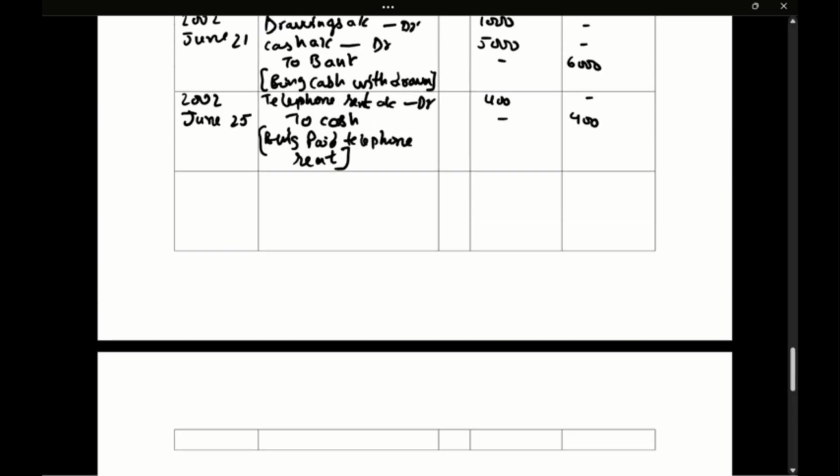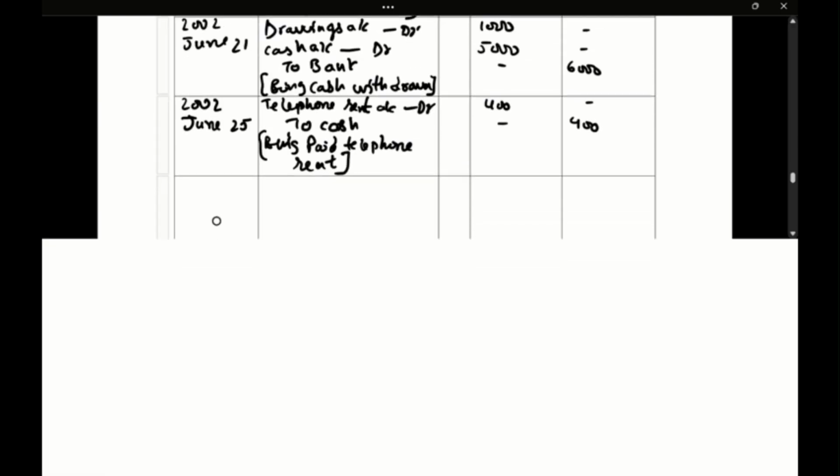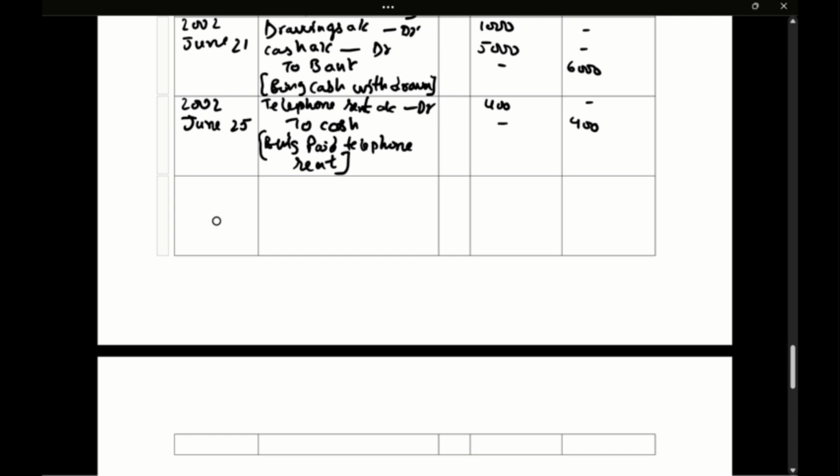So here I think it is the last entry. We will see. No, it is not the last entry. So paid to Amrit Lal in full settlement of his account. So we purchased the goods on credit, so we are paying cash.